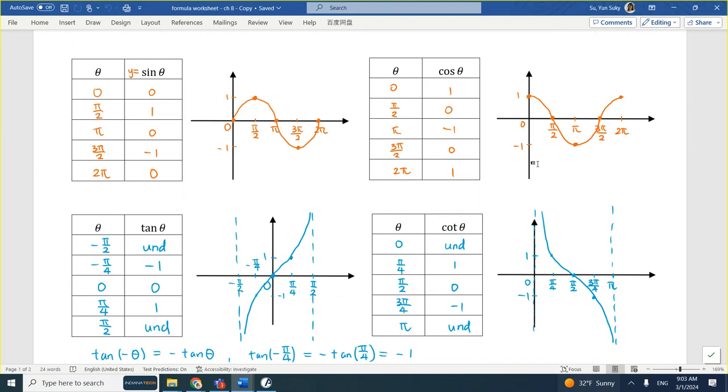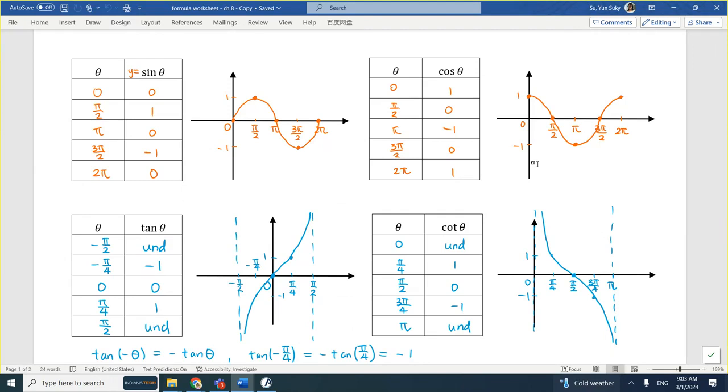And then tangent and cotangent. The graph of tangent looks like x cubed. Yes, everybody? And the period is pi. So you imagine the interval from minus pi over 2 to pi over 2. You divide it into 4 pieces, so you have 5 points over there.